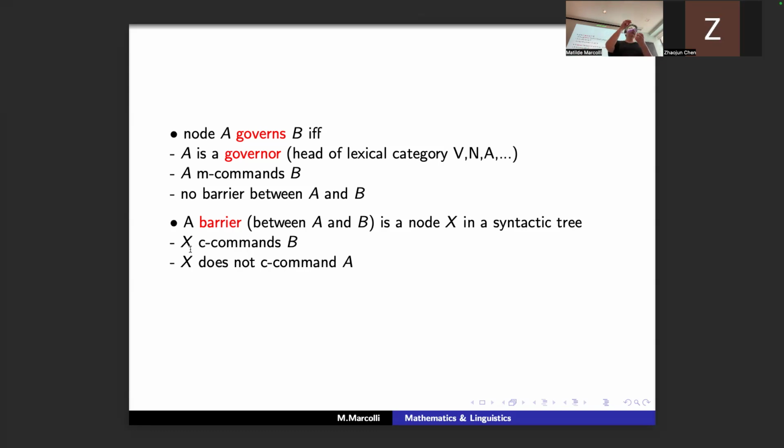And then as you go to the internal nodes, a substructure has a head, in the sense that in a partly formed or fully formed sentence, there is one word that is the key part, the most important element that, if you remove it, the whole structure would fall apart.